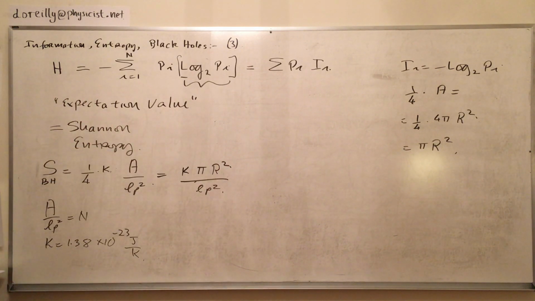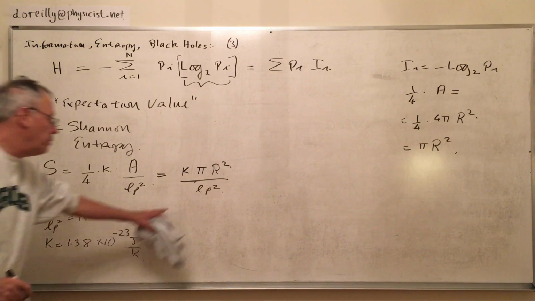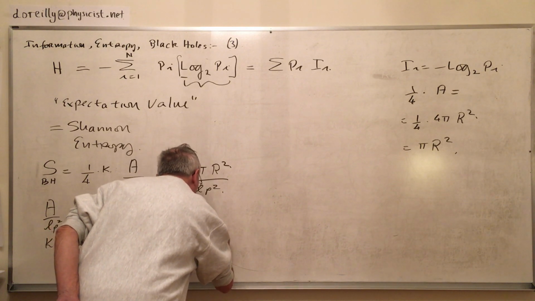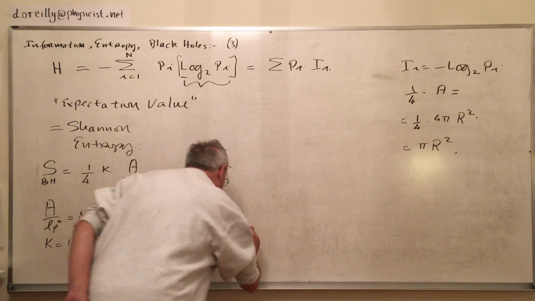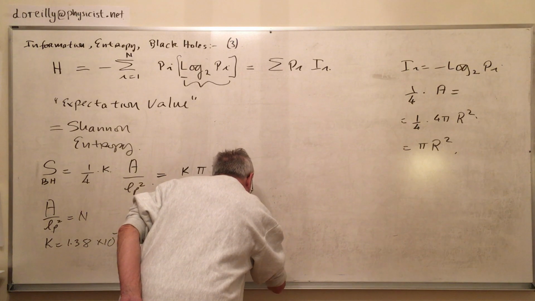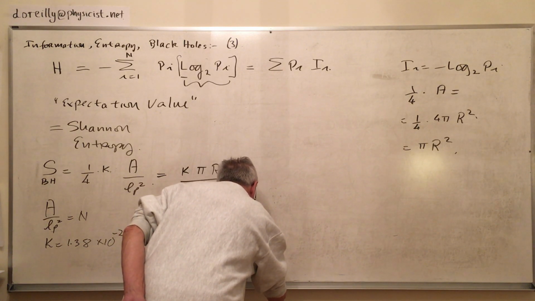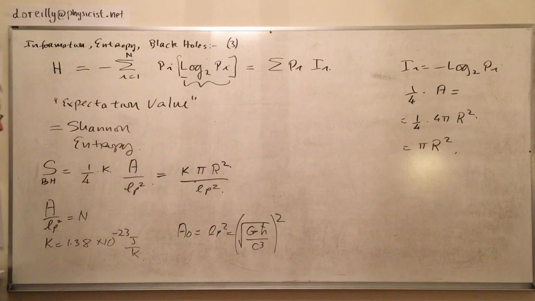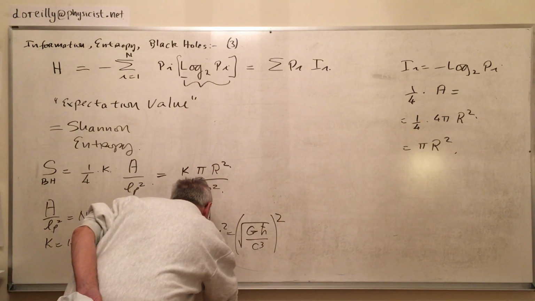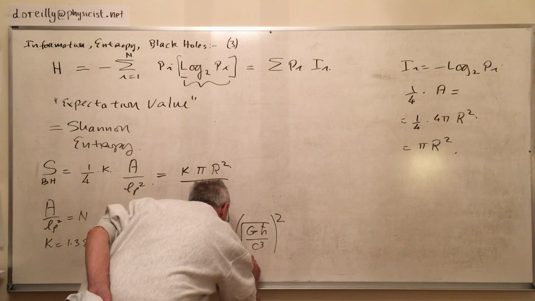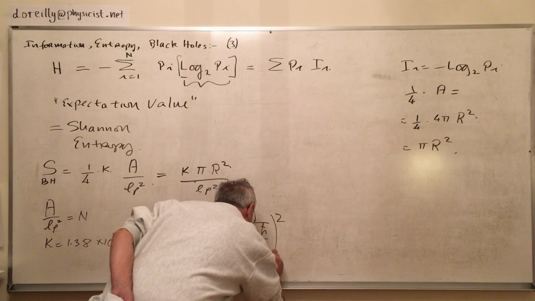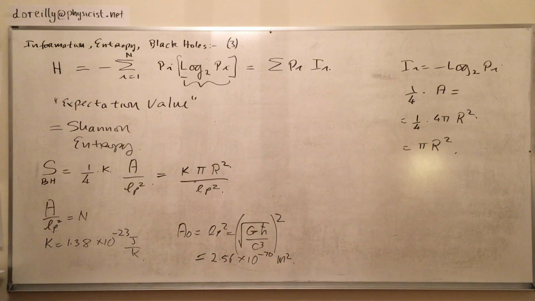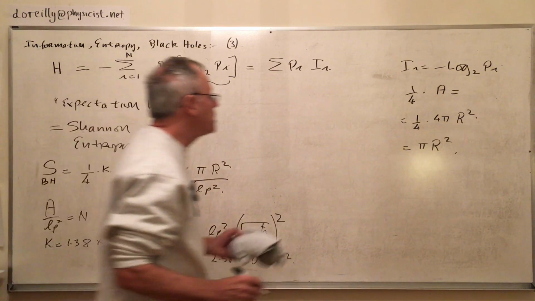that the entropy is going to be given by dividing by the Planck length squared, which is an area. So we take the Planck length and square it, and we get 2.56 times 10 to the power of minus 70 meters squared, and I did that the last day. Let's work out the entropy for the universe.